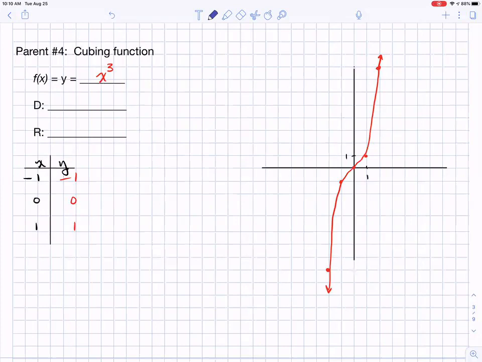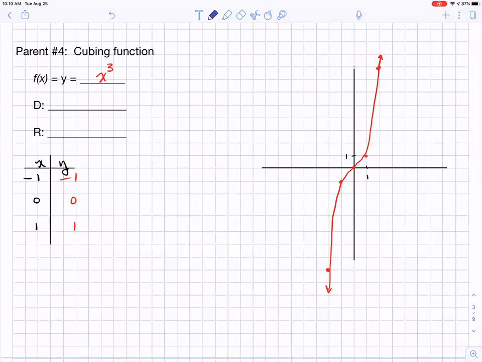What's a -3 cubed? Negative 27. What's a negative 4 cubed? Negative 64. What's a negative 5 cubed? I know I'm really taxing your brains. I don't care if you use your calculators, it's fine. Negative 125.